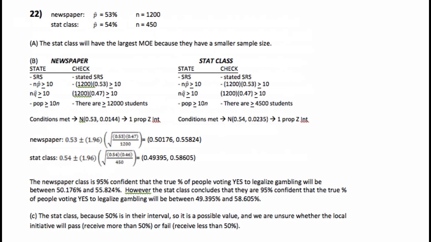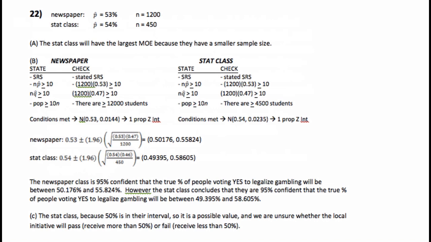For the stats class, I'm going to do the exact same thing, except using the different numbers. And that gives me an interval of 0.49395 to 0.58605. So the newspaper is 95% confident that the true percent of people voting yes to legalize gambling will be between 50.176% and 55.824%.